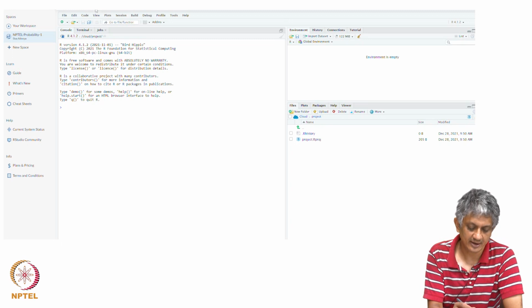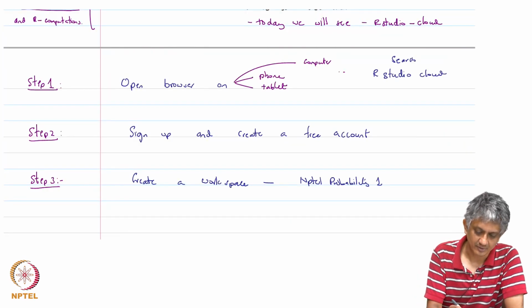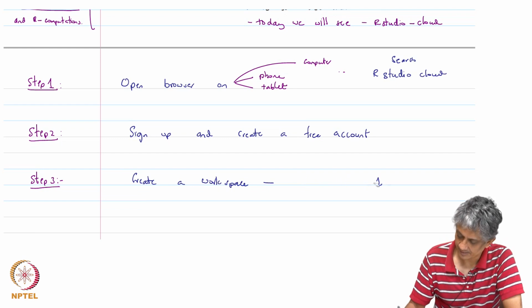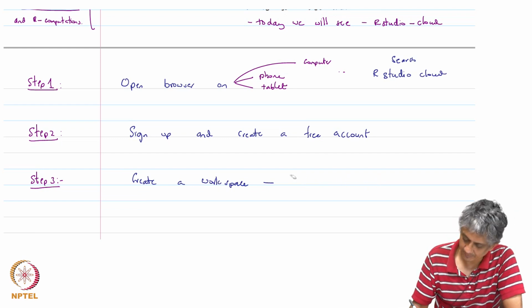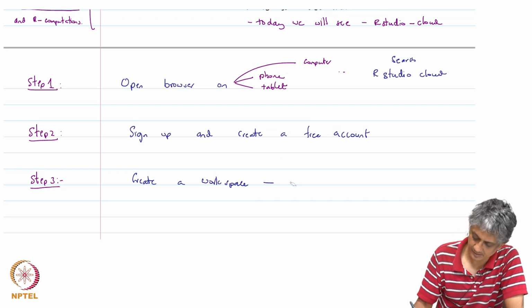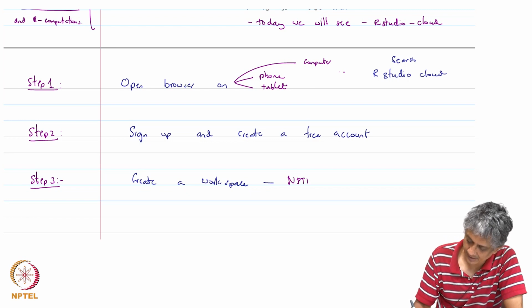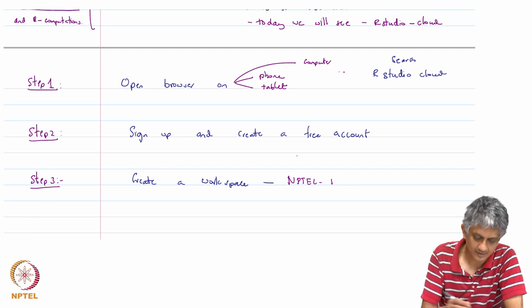I called it NPTEL-probability-1. You can call it anything you want. There's no problem.